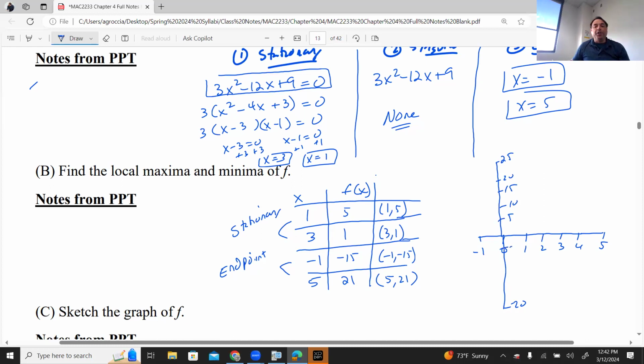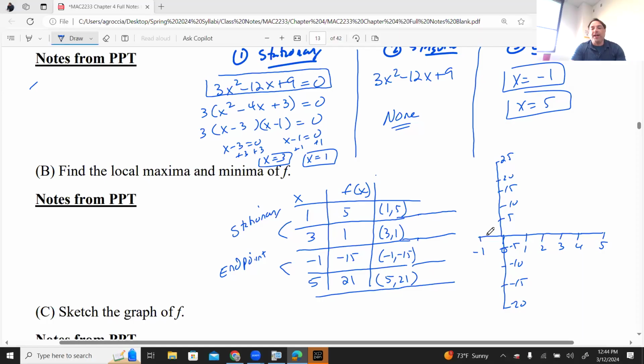But again, nobody is going to give you the window. You have to figure out the window yourself. I'm going to pause here and give you a minute if you didn't get that far. Get the window, and then label: do you have a max, a min, or neither?